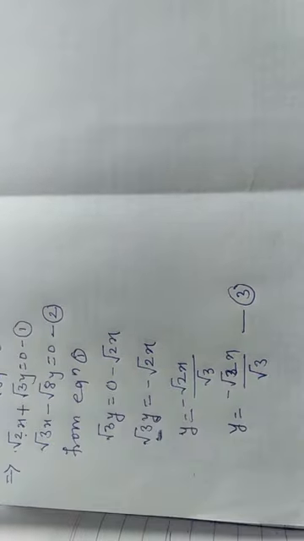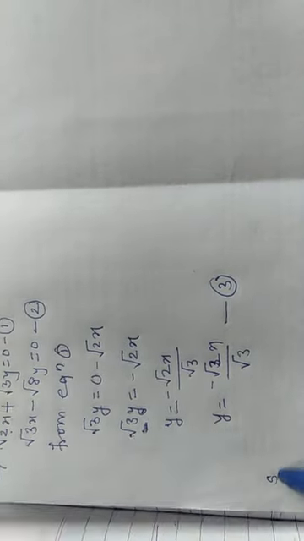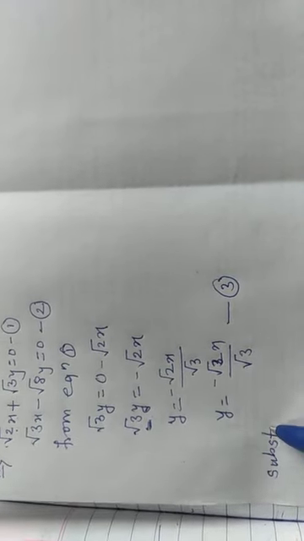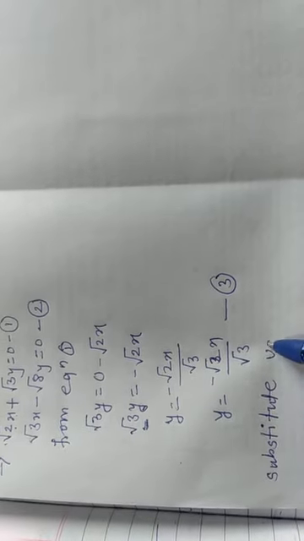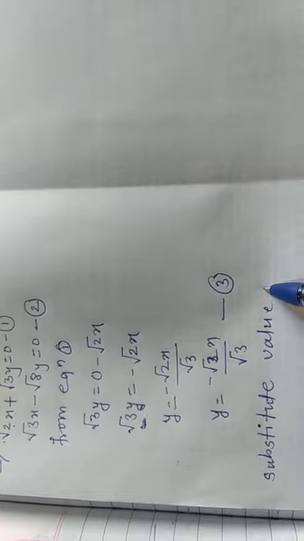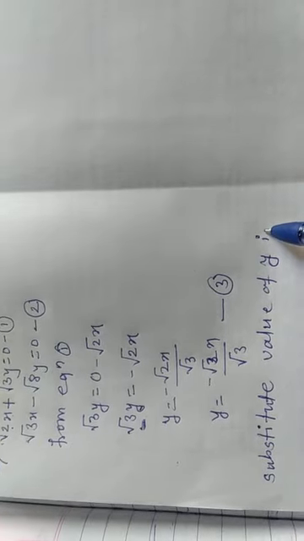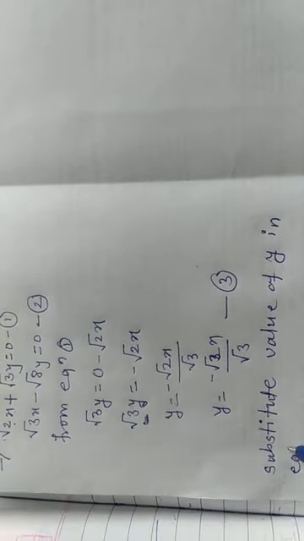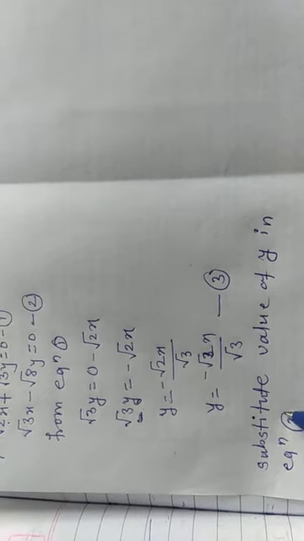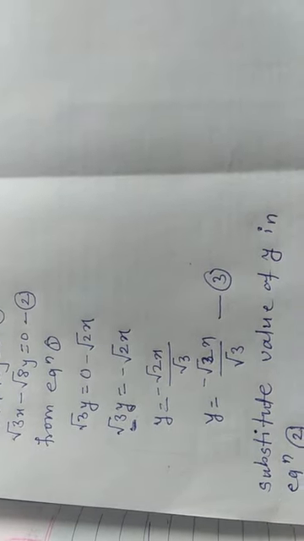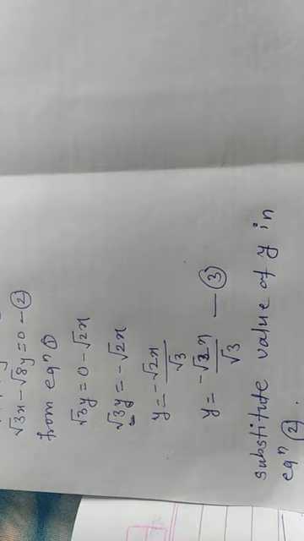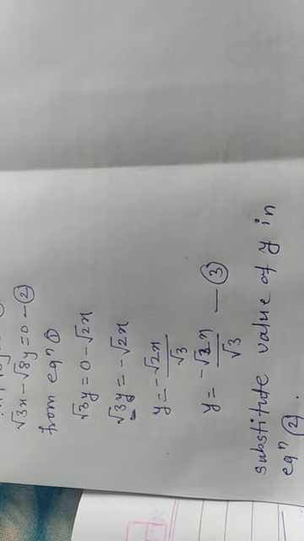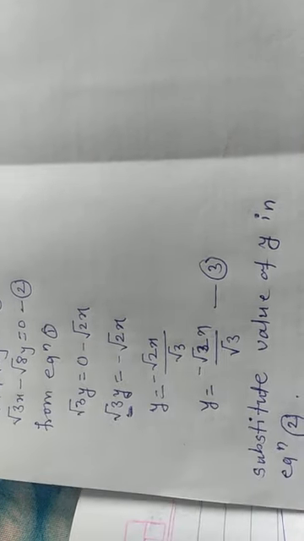So I will write here substitute or put also we can write, substitute value of y in equation second. Why equation second? Because value of y we have obtained from equation number first. So I will write here equation number second. What is equation number second? Equation number second is root 3x minus root 8y is equal to 0.